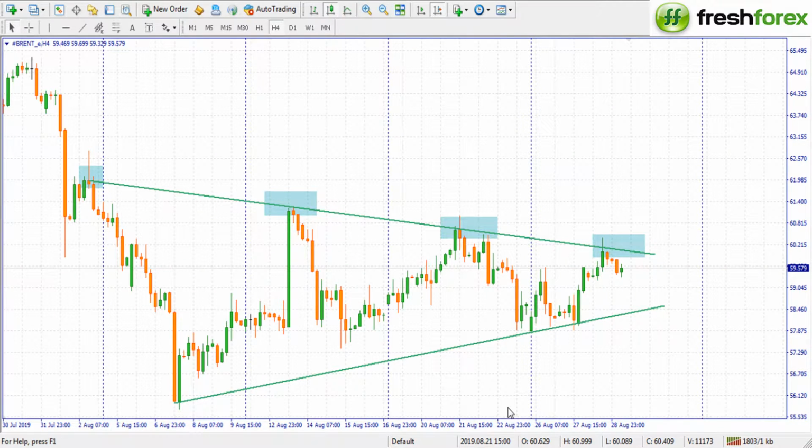So if you look at this chart at the moment, you should see that we are actually approaching a resistance, which is this. If price does not clearly ascend above this level, then that will be a good place to look for a sell from. If price does not rise beyond that line, the upper one, then we'll be looking for a sell.